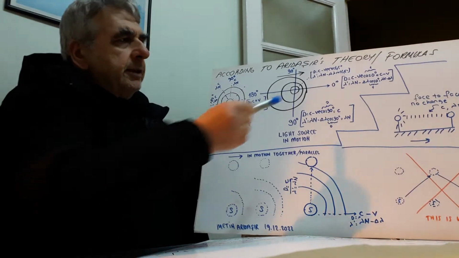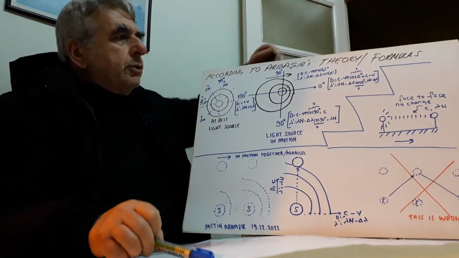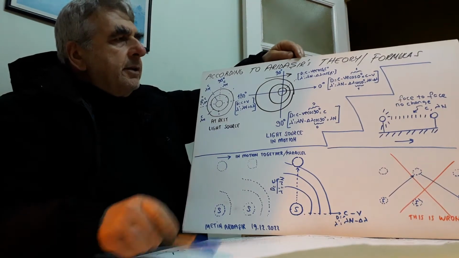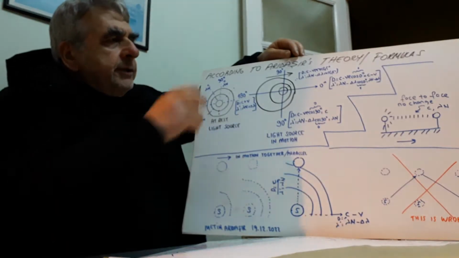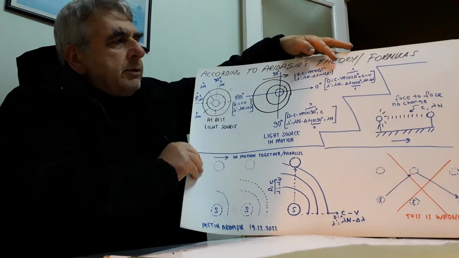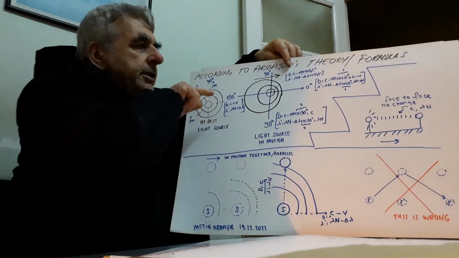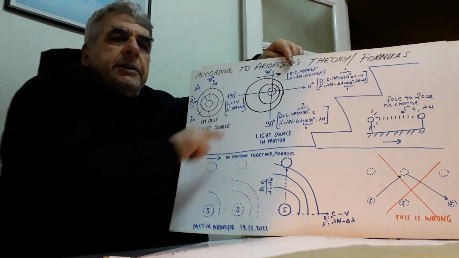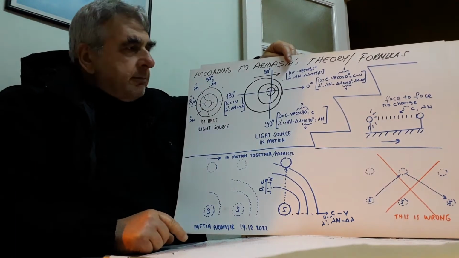I say d, point wave velocity, d is equal to c minus source velocity cosine 0, which is equal to c minus v. In this direction, wave velocity is c minus v.